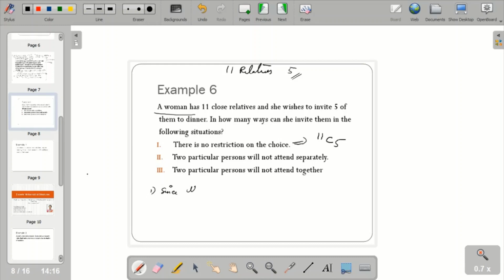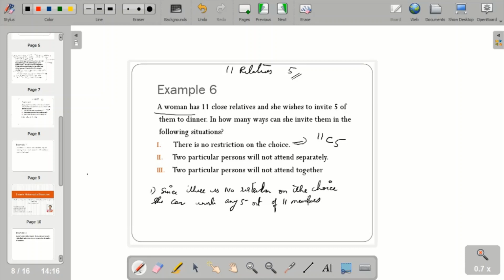Since there is no restriction on the choice of invitees, she can invite any 5 out of 11 members.